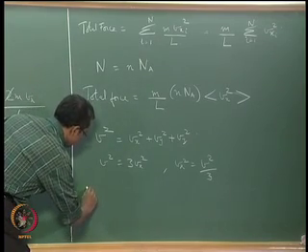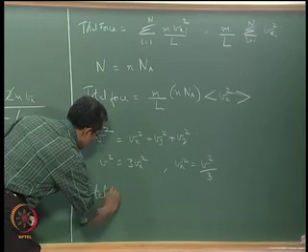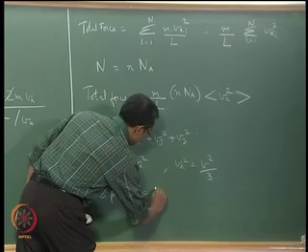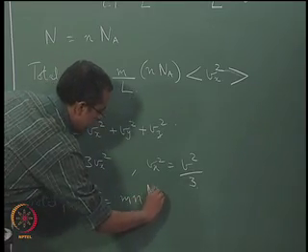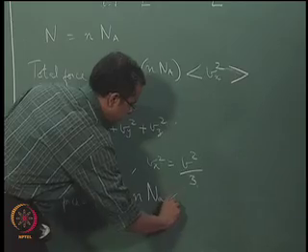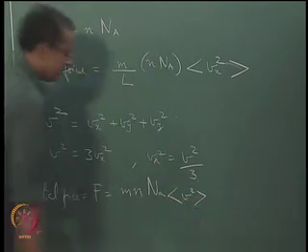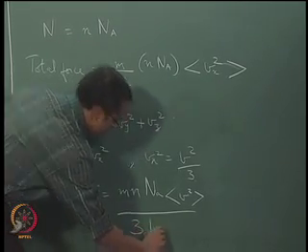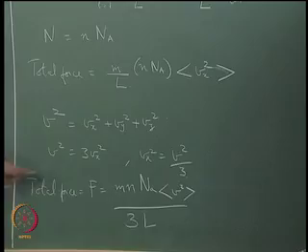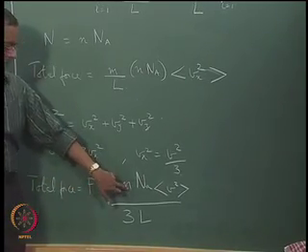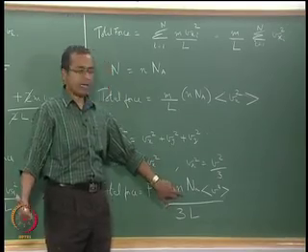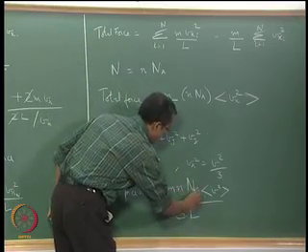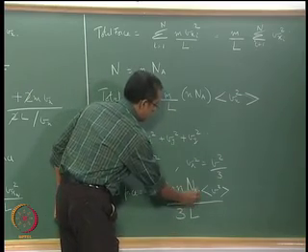Therefore now the total force is simply m n N_A times the average of v squared, divided by 3L. So we have m, the mass of the molecule, n, the number of moles present in that volume L cubed that we have been discussing, and Na, the Avogadro number.